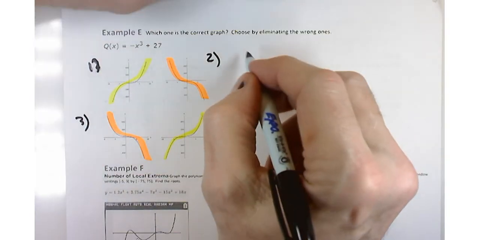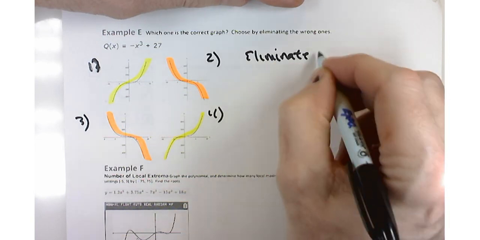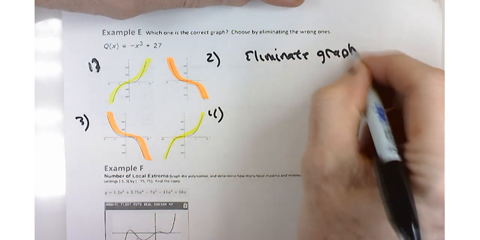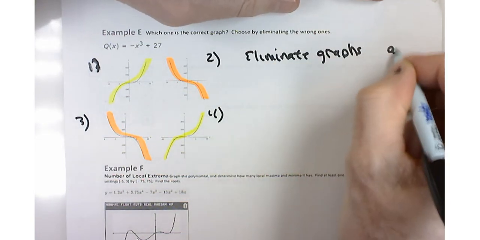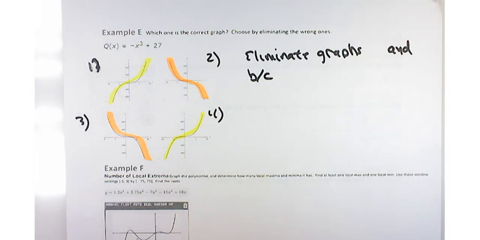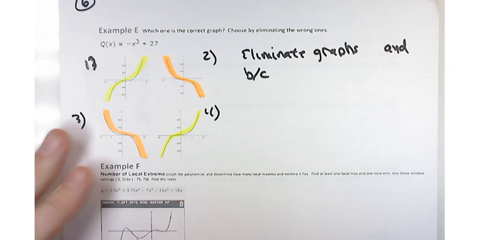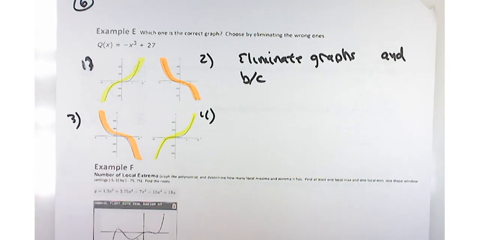And let's see, we're going to eliminate graphs blank and blank because... which 2 graphs can I eliminate and why? Yes? 1 and 4, because those would need a positive coefficient.